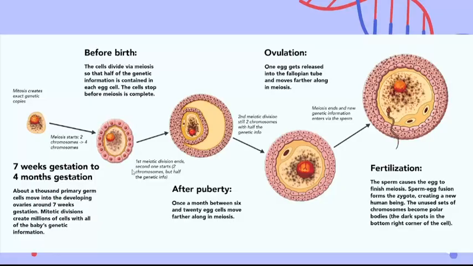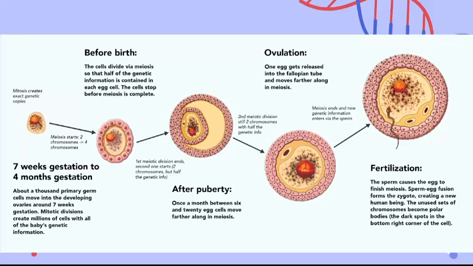So we start off before you were born, 7 weeks to 4 months. About 1,000 primary germ cells moved into the developing ovaries around 7 weeks. Mitosis starts happening, and it creates millions of cells with all the baby's genetic information. So remember, we divide into all of these primary egg cells that have not undergone any division yet.